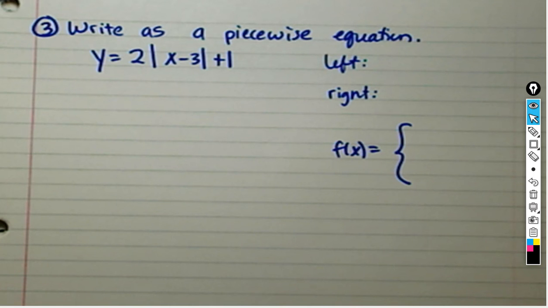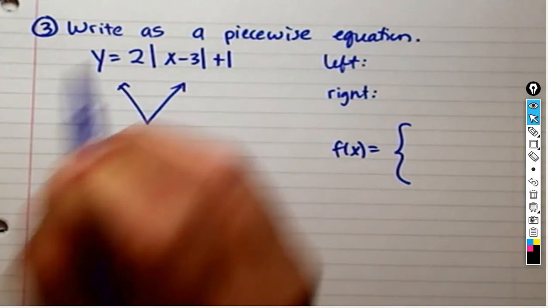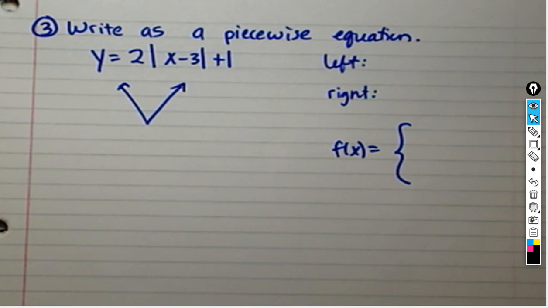Okay, tip number 1. Sasha, or sorry, Maddie, tell me whether this graph opens up or down. Up, okay, great tip. Just because I didn't give you a grid doesn't mean you can't envision the graph in your head, guys. You can still do that. Okay, that's tip number 1.